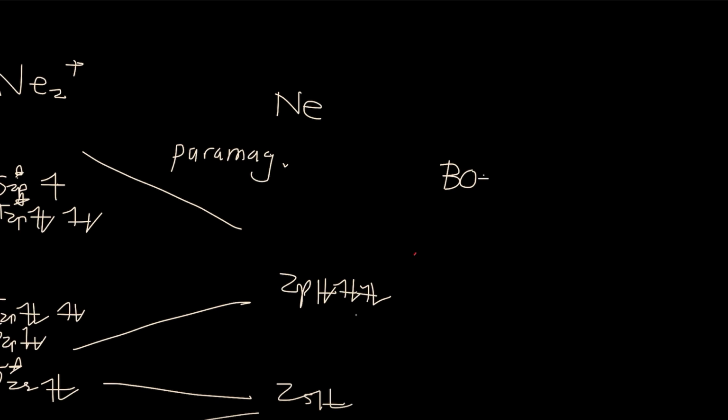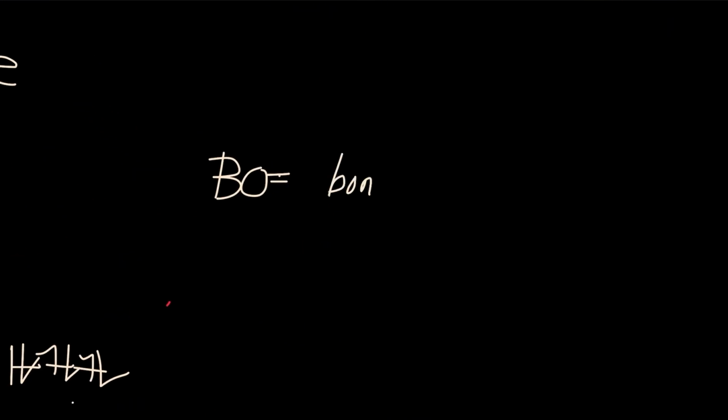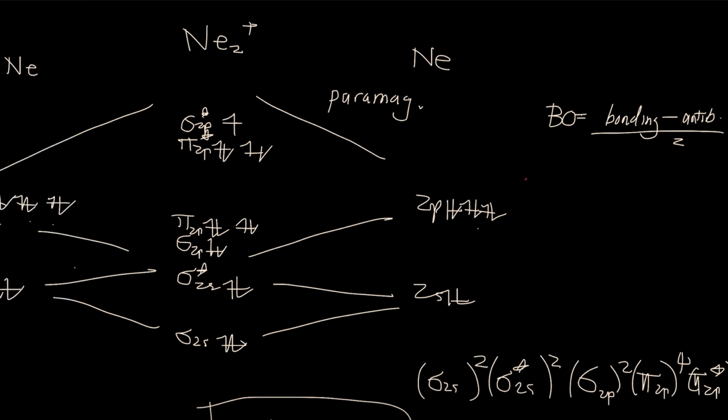One more question that they can also ask you is bond order. Bond order of a molecular orbital diagram is a little bit different. It is calculated by the number of electrons in your bonding orbitals minus the number of electrons in your anti-bonding orbitals, divided by 2. So we'll look at our bonding orbitals. We have 2, 4, 6, 8. We have 8 bonding electrons.